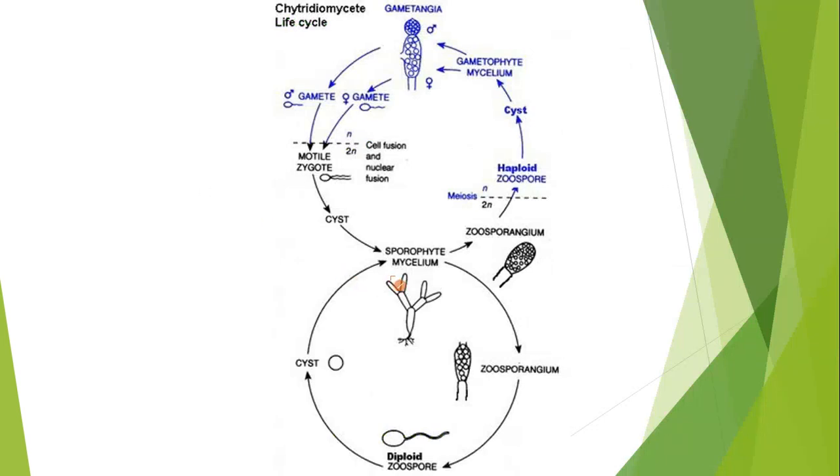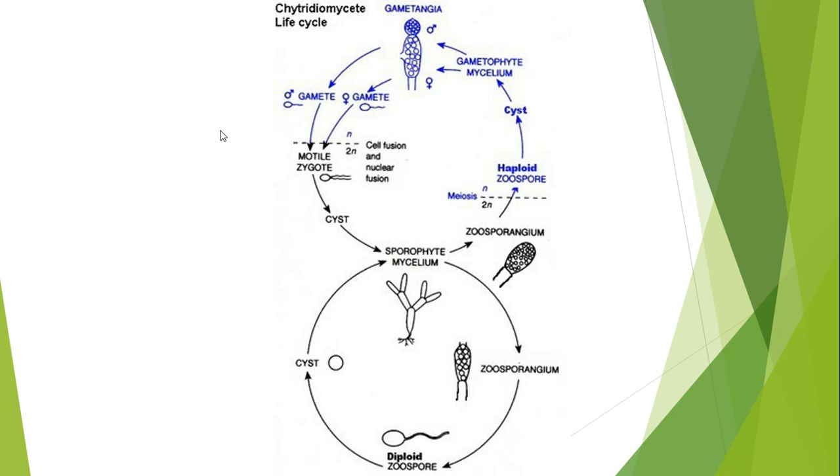Here is the life cycle of chytridiomycetes. You can see the sporophyte mycelium produces zoosporangium and zoospores that are diploid. They are encysted for some time, and when favorable conditions come, they germinate to produce a sporophyte mycelium.